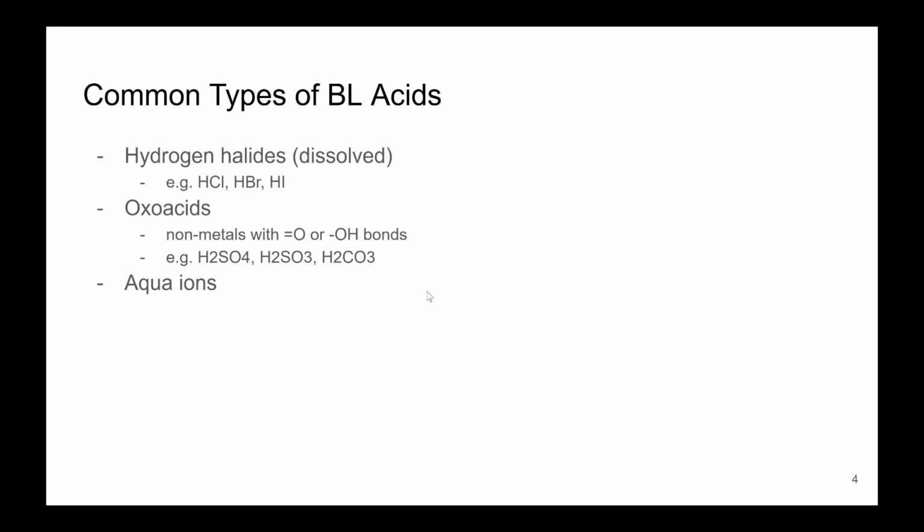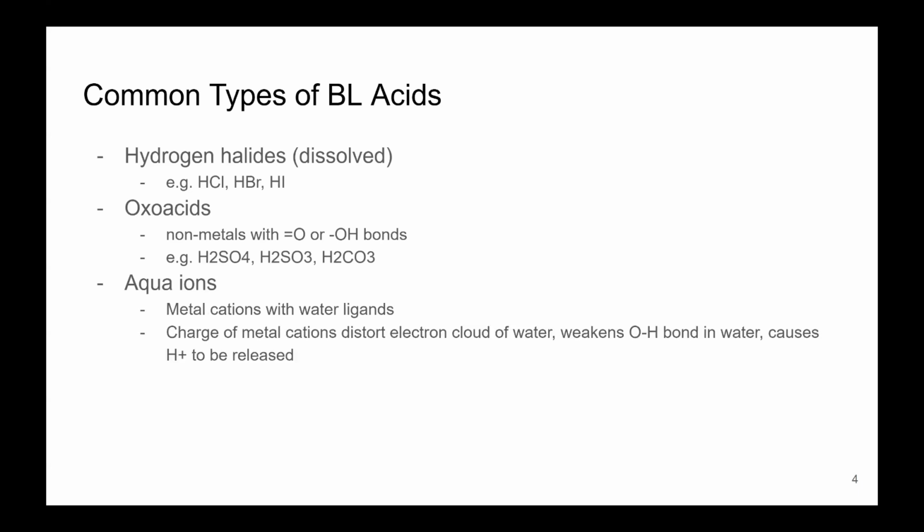And the third type is your aqua ions. Those are your metal cations with water ligands. The reason aqua ions are considered acidic is because the charge of the metal cations will distort the electron cloud of water, which weakens the OH bond in water, H2O, and causes the H+ to be released more easily. An example is your iron 3+ ion, surrounded by 6 water molecules.